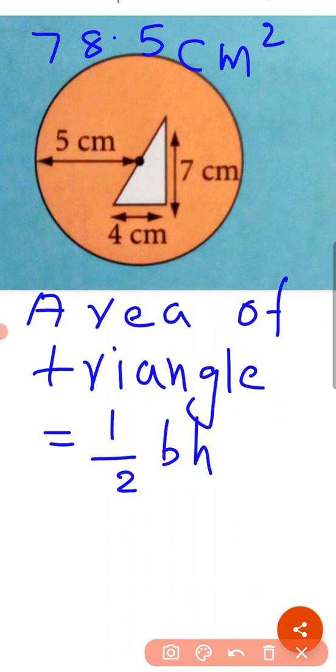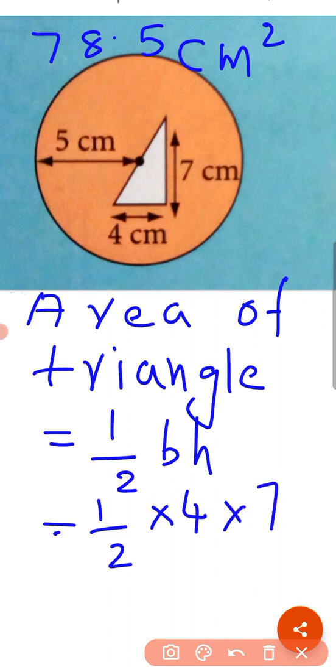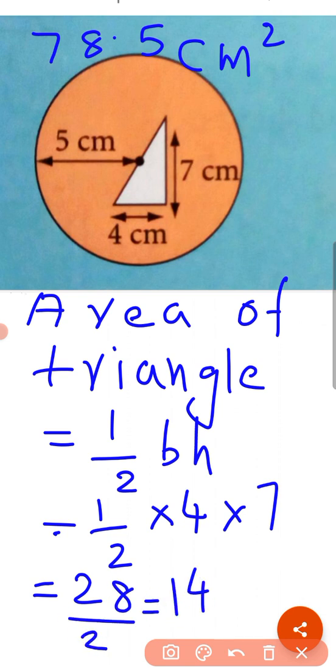You already learned about this, children. So 1/2 into 4 into 7. 4 7s are 28. 28 divided by 2 is equal to 14 centimeter square. This is the area of the triangle.